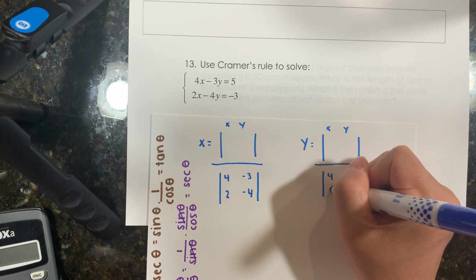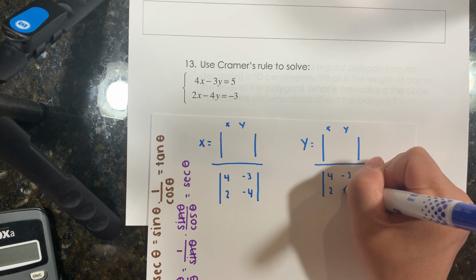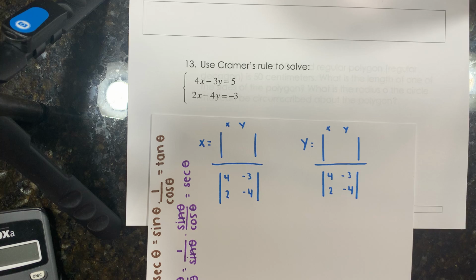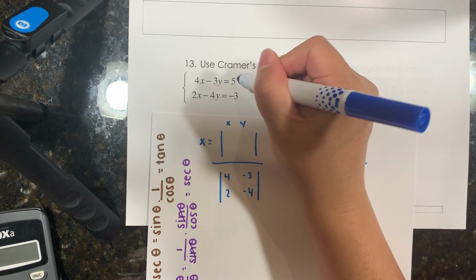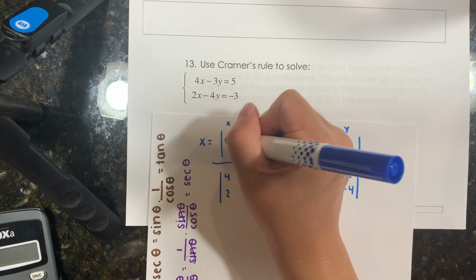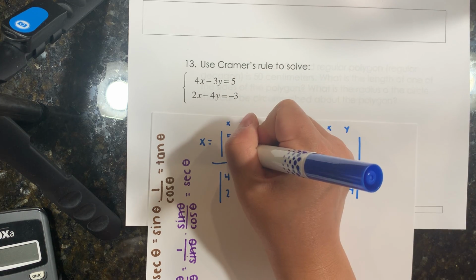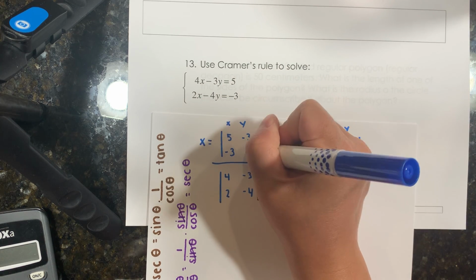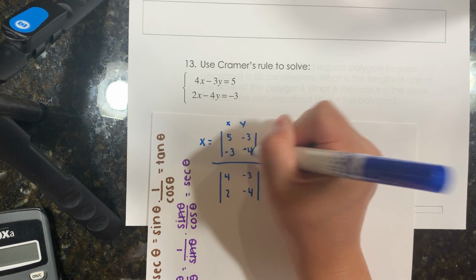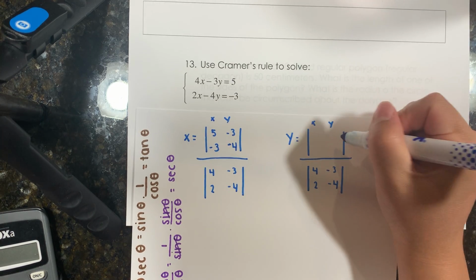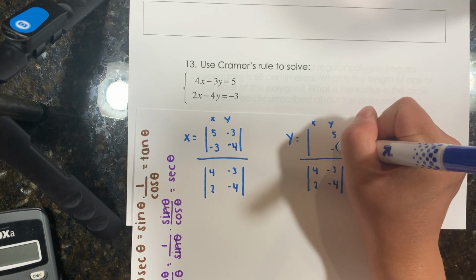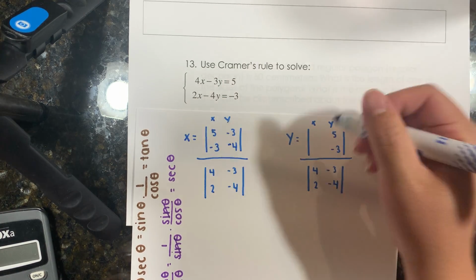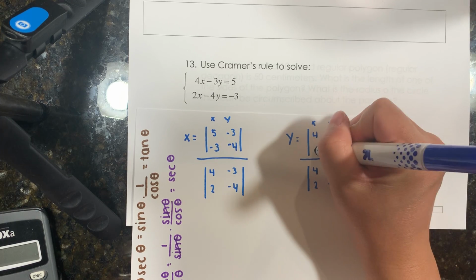That would be the same for both of them. Both denominators are the same. Now if I'm solving for x, I replace the x column with what the equation is equal to. So 5, -3. The other column stays the same at -3, -4. Now if I'm solving for y, the y column changes to 5, -3, what the equation is equal to. The x column stays the same at 4, 2.